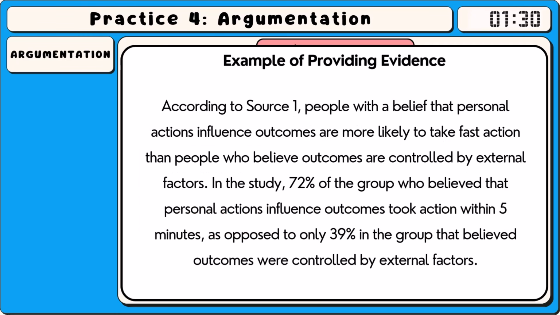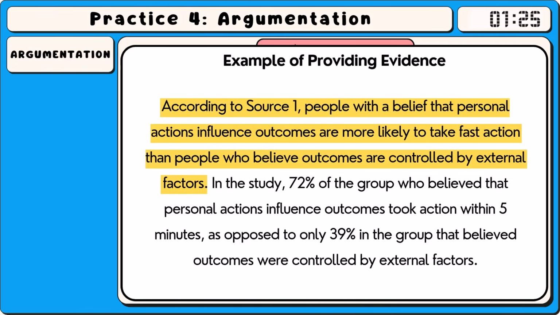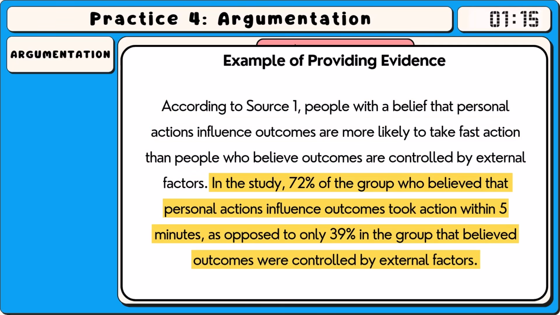To use this as evidence in the EBQ, a student might write, according to Source 1, people with a belief that personal actions influence outcomes are more likely to take fast action than people who believe outcomes are controlled by external factors. In the study, 72% of the group who believed that personal actions influence outcomes took action within 5 minutes, as opposed to only 39% in the group that believed outcomes were controlled by external factors.